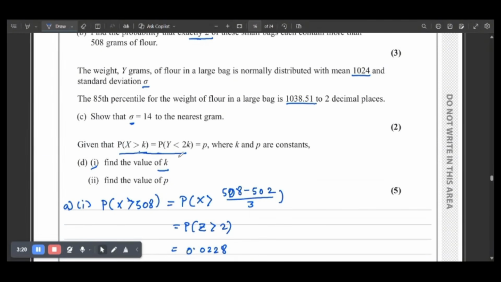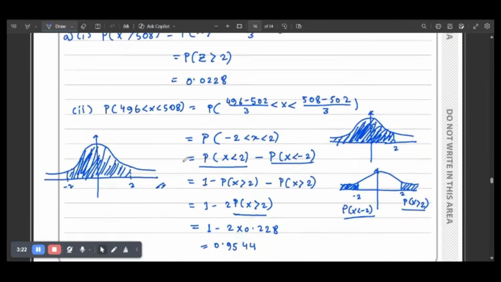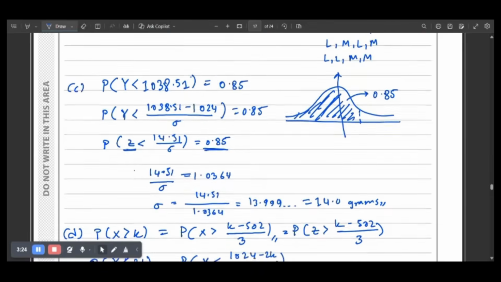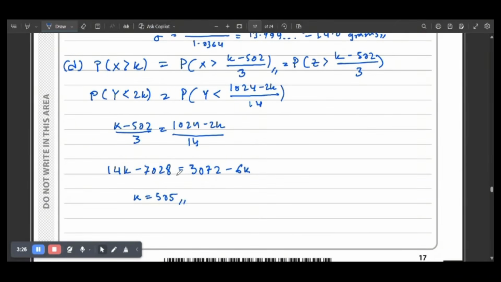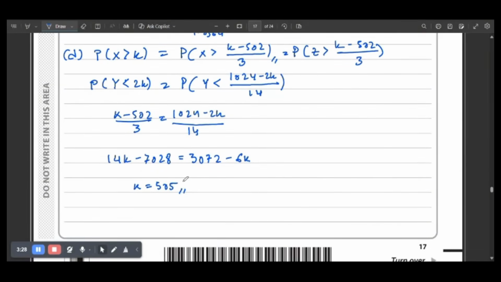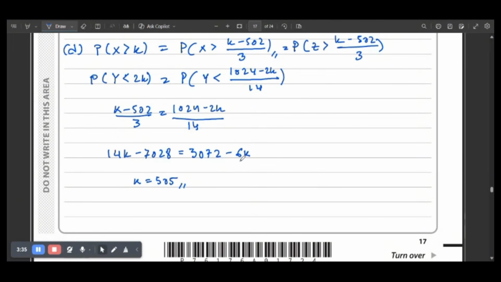For part D2, we have to find the value of p. We already know the value of k, so we can just substitute the value of k and find the probability of that particular value. This is D1.